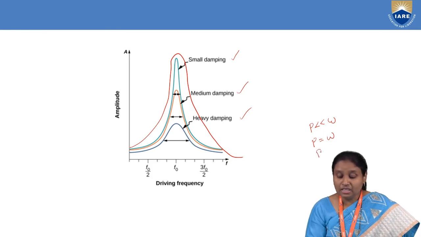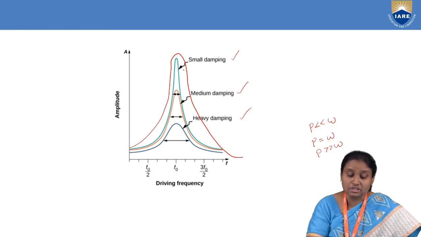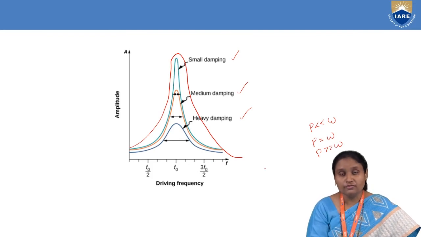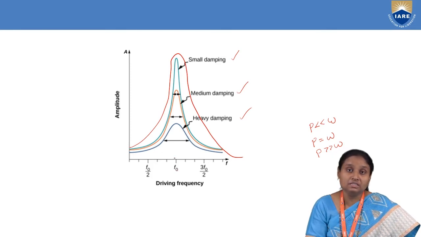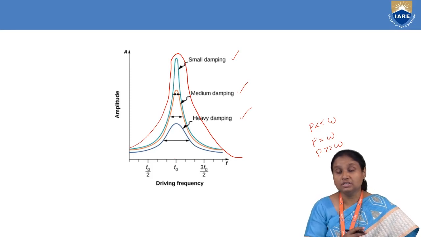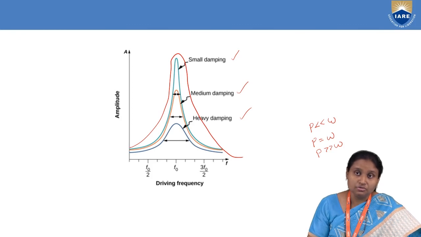And when p is very much greater than omega, when we go for higher frequencies of applied force, amplitude keeps on decreasing. So at lower frequencies amplitude is increasing, and it goes to a very high, infinite value at resonance, where the frequency of vibration of the body is equal to the frequency of the applied force. And beyond resonance, at higher frequency of external force, amplitude of vibration decreases.